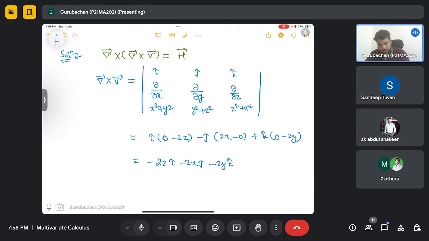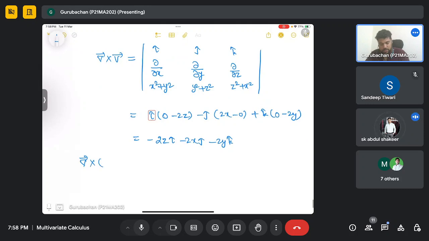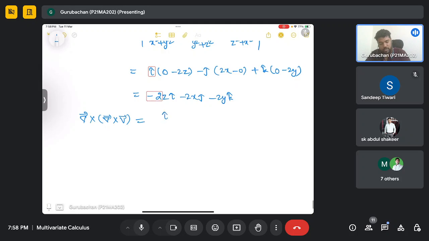So again we have to calculate its curl. Calculate. Curl. So this will be the determinant with i, j, k; ∂/∂x, ∂/∂y, ∂/∂z; and 2z, 2x, 2y.